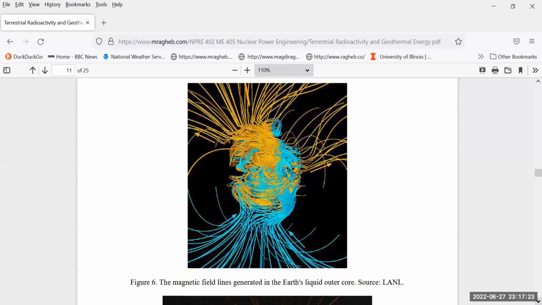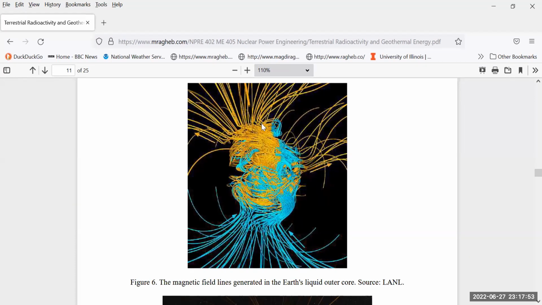So the rotation itself, as in a simulation on a supercomputer, generates a magnetic field, because the right-hand rule of electromagnetism tells us that if you have a current in the direction of your fingers, you find yourself generating a magnetic field in the direction of your thumb. So the rotation of the outer core layer generates a large magnetic field.